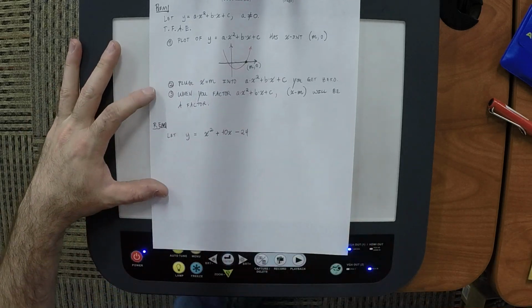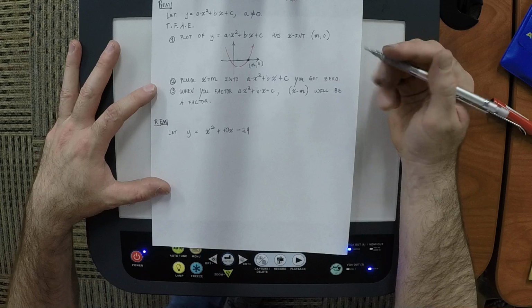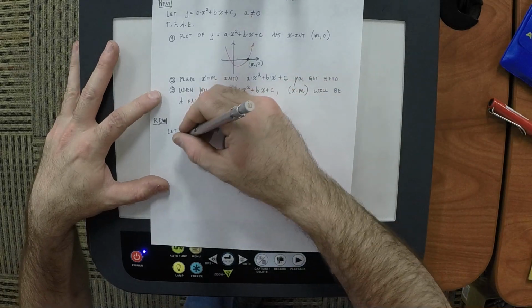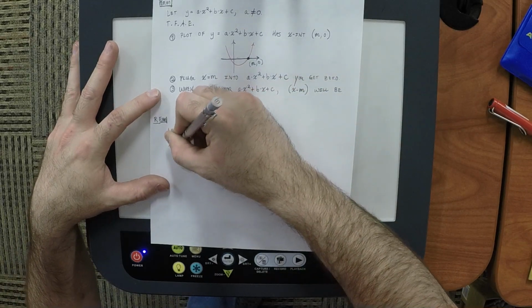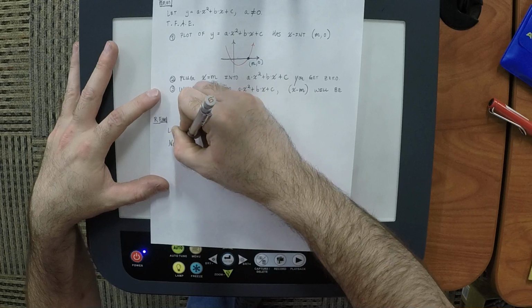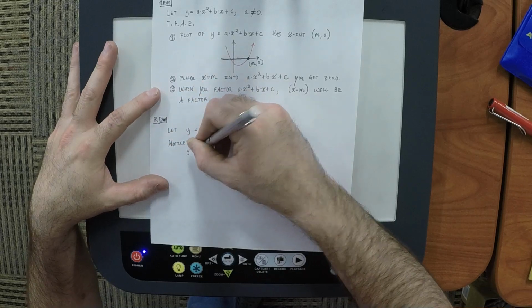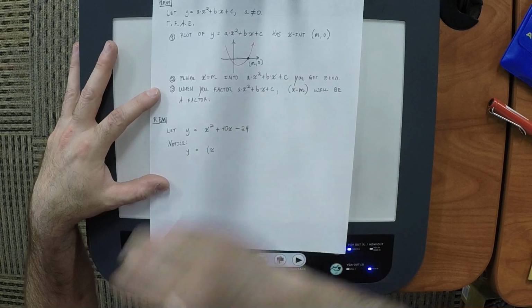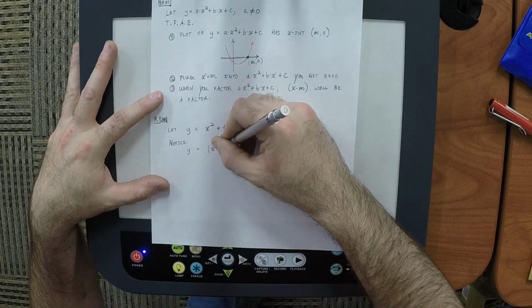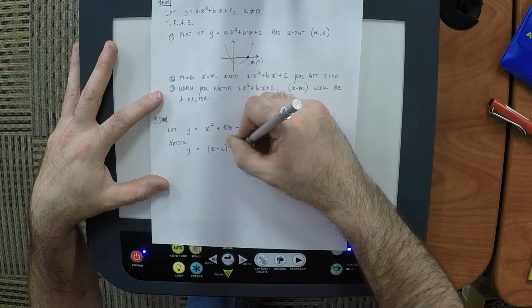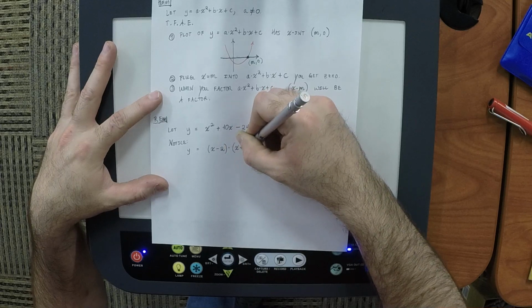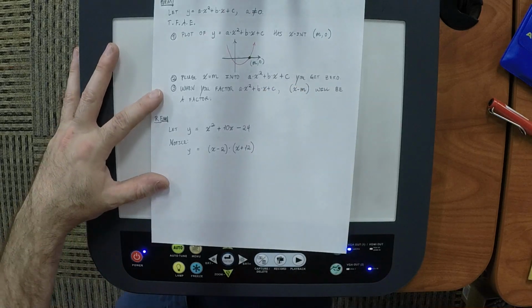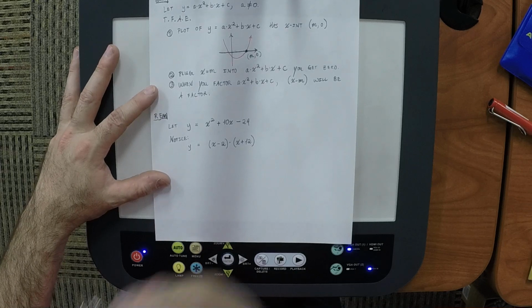Okay, so in the first place, does this factor? Yeah, right? Notice that y is equal to x minus 2 multiplied by x plus 12. Okay, lovely.